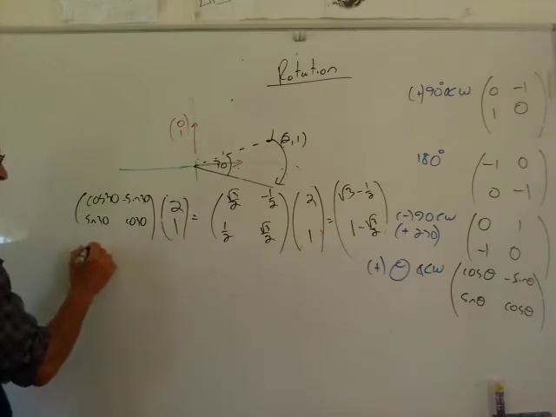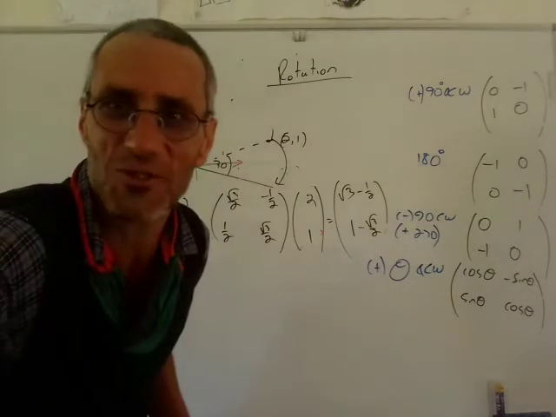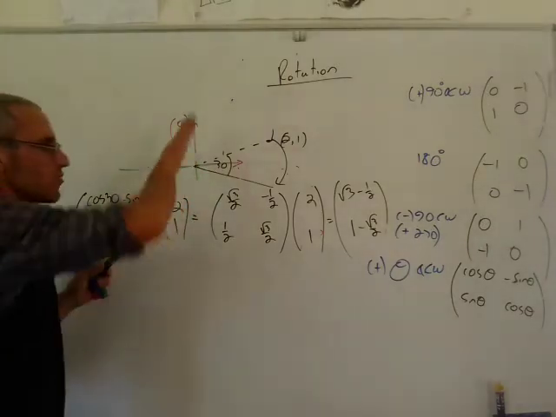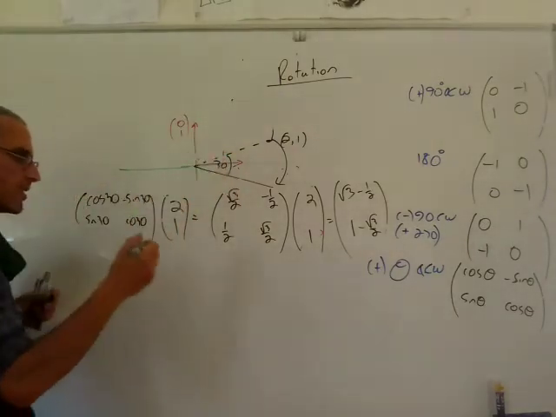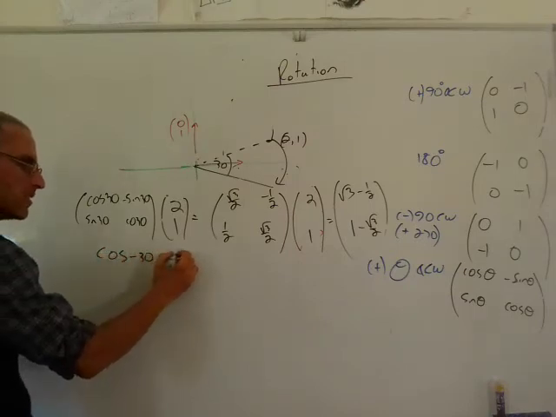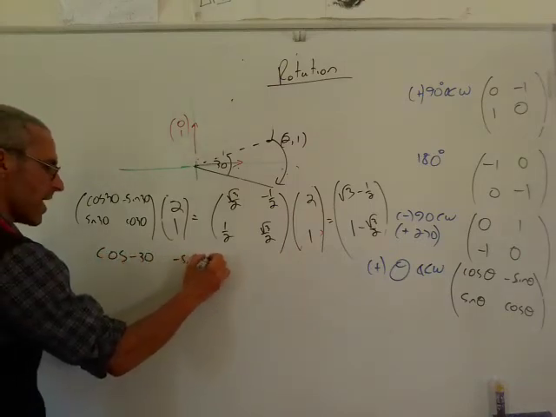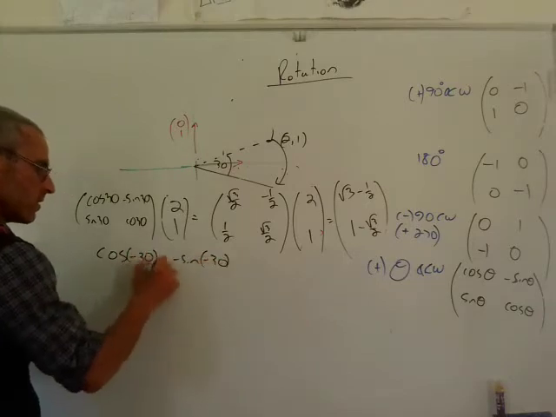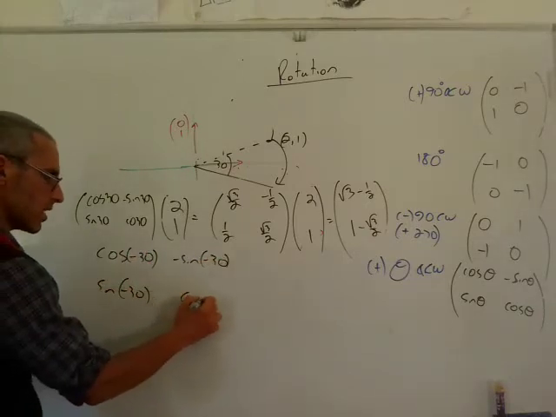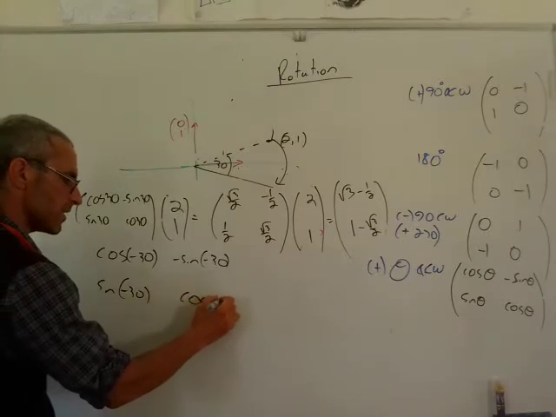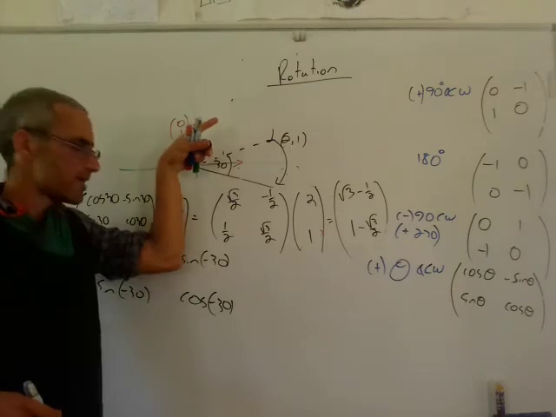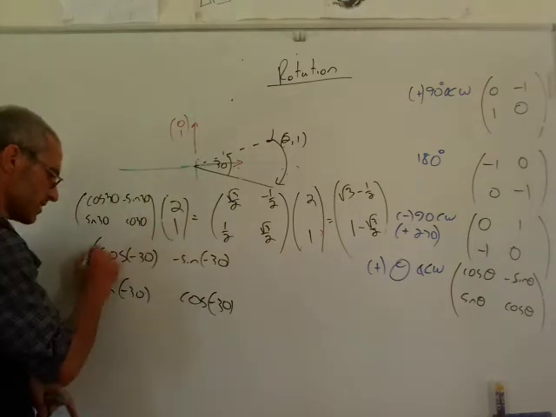Let's first check that. What will be the matrix of transformation for the opposite rotation? I would personally write cosine minus 30, minus sine minus 30, sine minus 30, cosine minus 30. So if positive is anti-clockwise, clockwise will just be negative.